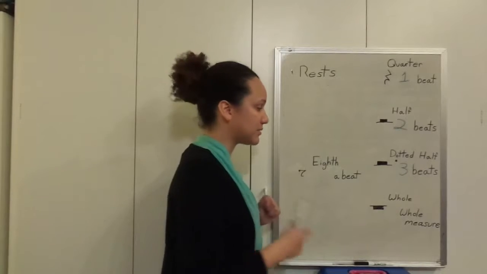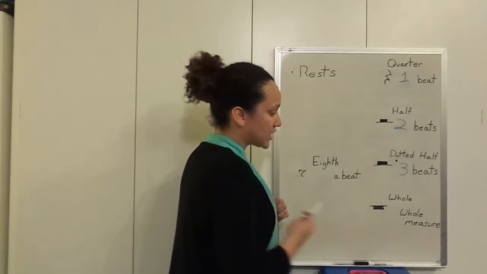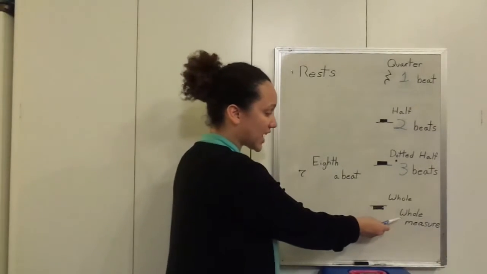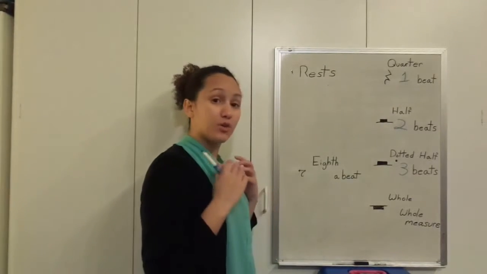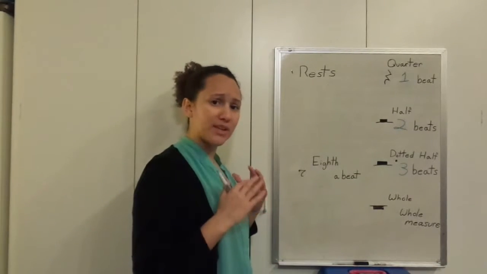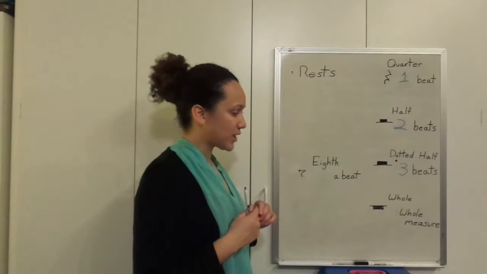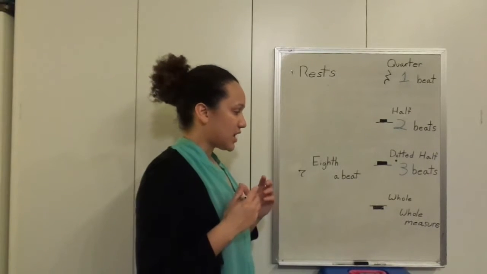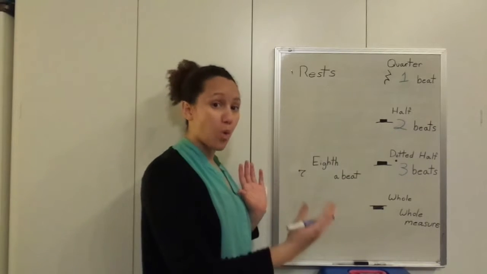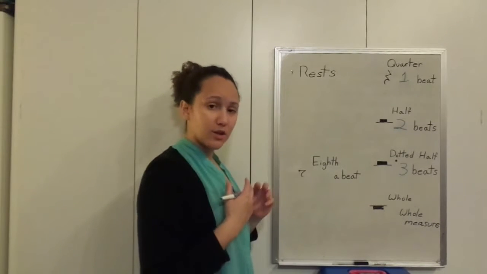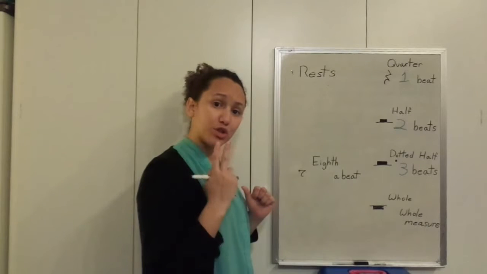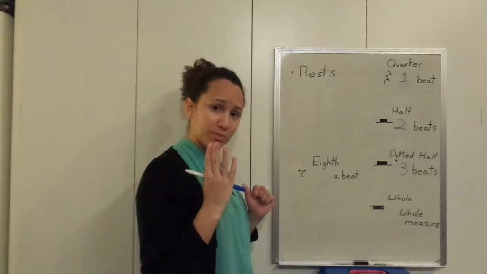But for now, I want you to see the pattern, so we'll go ahead and include it, even though it's really not very common. And then the whole note gets either 4 beats or the entirety of the measure. For right now, it's more common to be the entirety of the measure, because we're probably not going to be dealing with a measure that has more than 4 beats. We'll probably be dealing with 2, 3, or 4 beats.